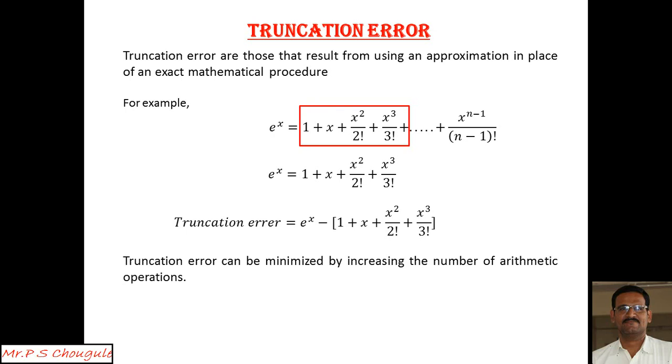Now from this you can memorize that this error can be minimized by increasing the number of arithmetic operations. Here, if I consider e raised to x in this example, I have taken only the first four values. Now I need to increase these values so that the truncation error will reduce.